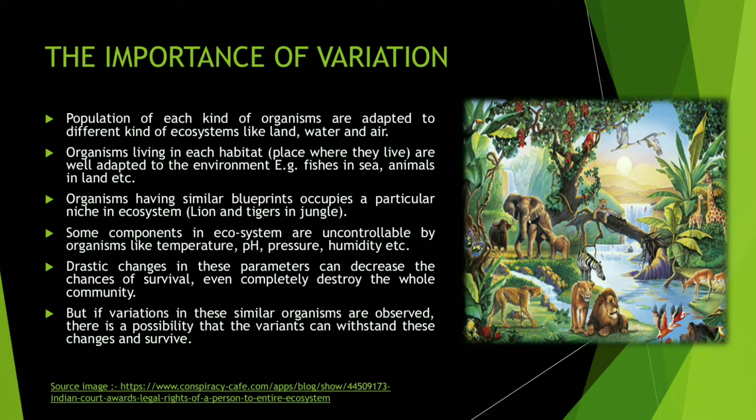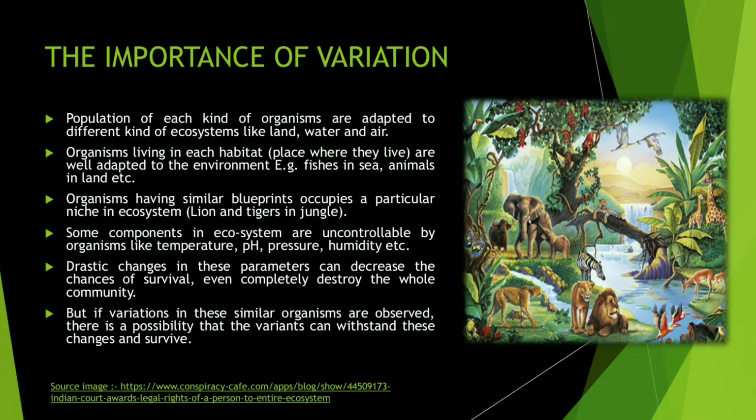Now, in ecosystems, some things are controllable, like the population of the organisms, but there are some uncontrollable elements such as temperature, pH, humidity and pressure, which cannot be controlled by the organisms, and are due to nature.